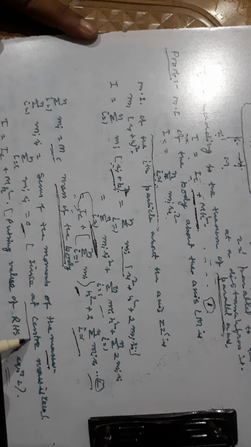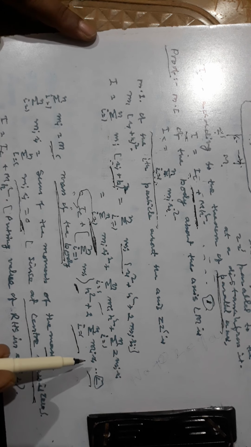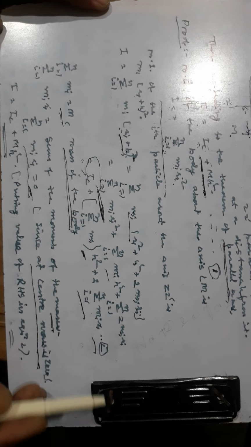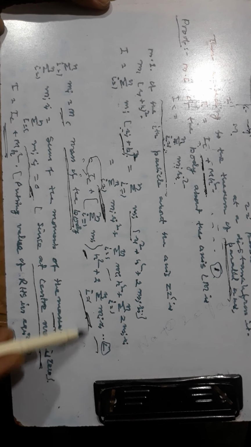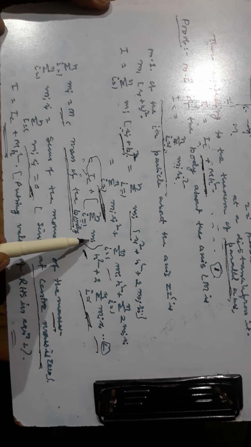Since at the center of mass, the moment is 0. So sigma mi ri is equal to 0. Then what will be left? Ic plus sigma mi h square, mass into h square.